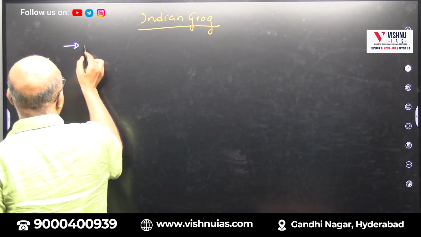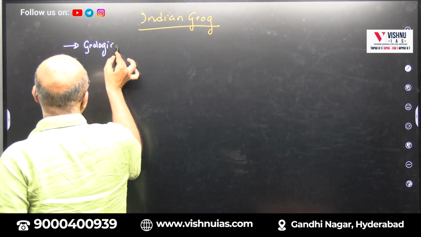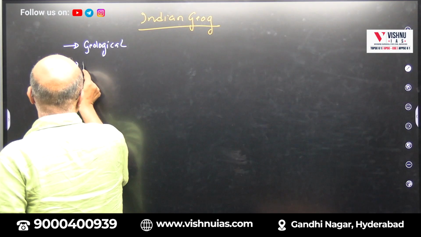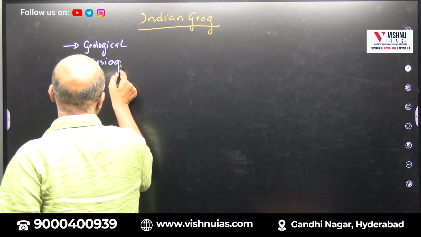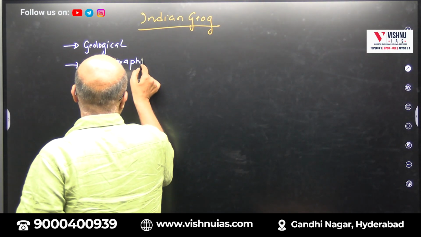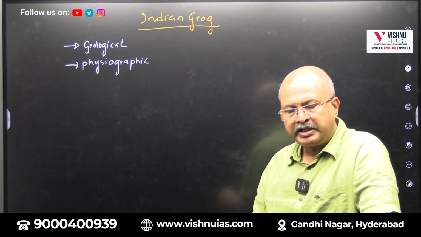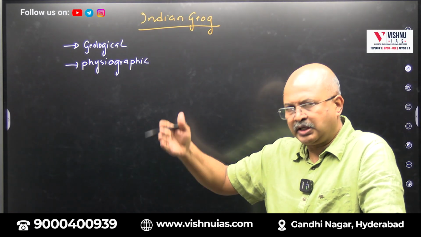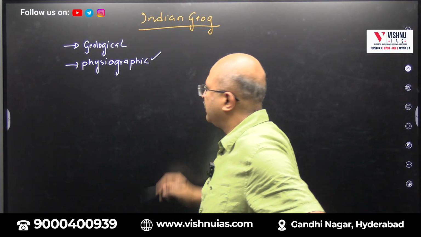The first one is the geological evolution of Indian landforms. Second, physiographic divisions of India and their significance, like the northern plains, peninsular plateau, Himalayas, coastal areas, islands. So, physiographic divisions of India.